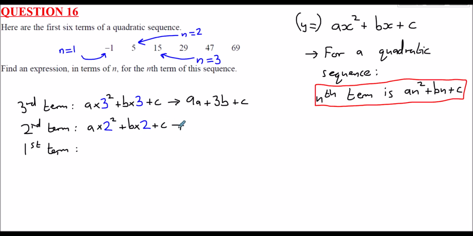So 2 squared is obviously 4. So we get 4a plus 2b plus c. And for the first term, n squared is 1, n is 1, so we just get a plus b plus c.